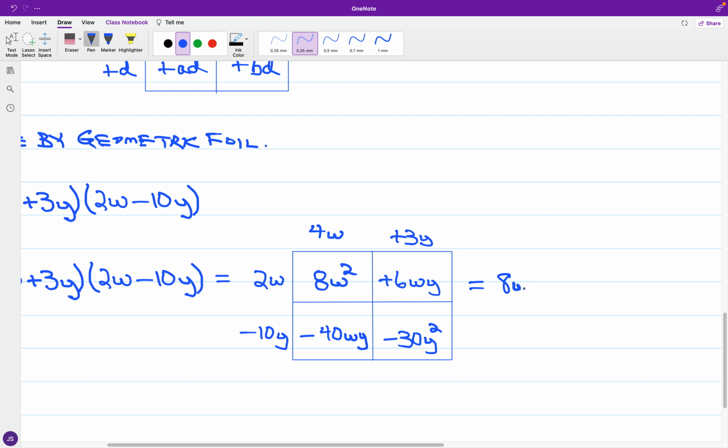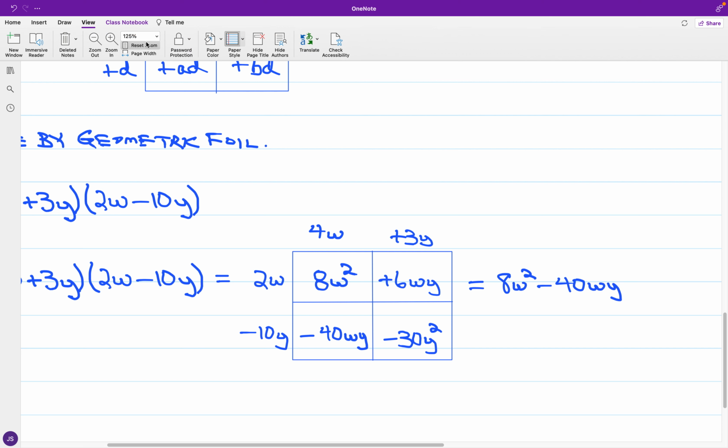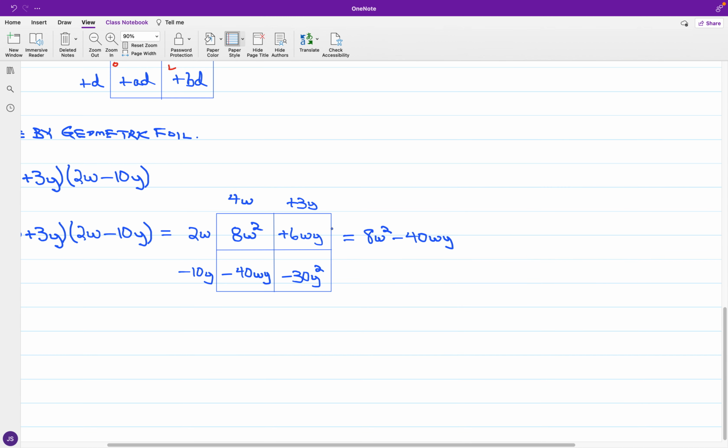Okay. And so looking at what we have for the outputs, we have 8W squared, minus 40WY, plus 6WY, and minus 30Y squared.